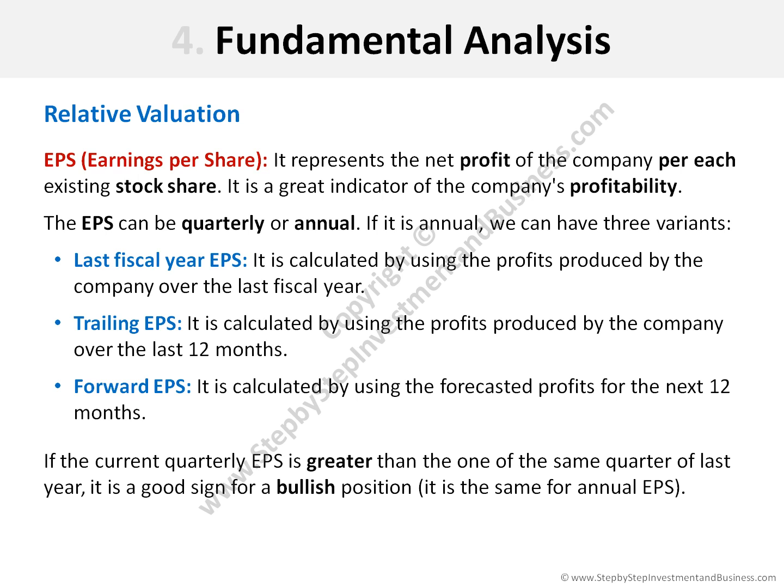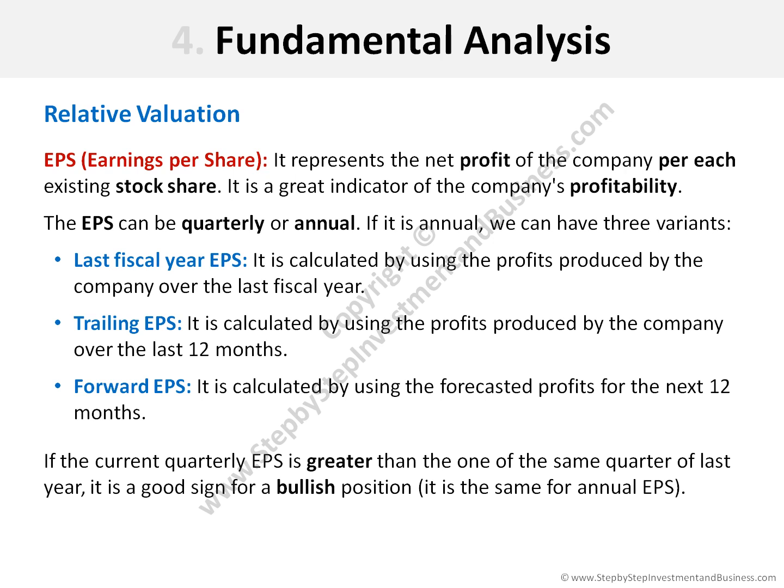The EPS can be quarterly or annual. If it is annual, we can have three variants. The last fiscal year EPS, the one known as trailing EPS, and the one known as forward EPS. The first one, the last fiscal year EPS, is calculated by using the profits produced by the company over the last fiscal year.